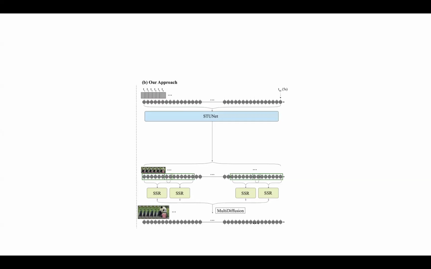For example, the panda's color, white, can become red or purple. There is a good chance of that. They are able to overcome it through this technique called multi-diffusion.